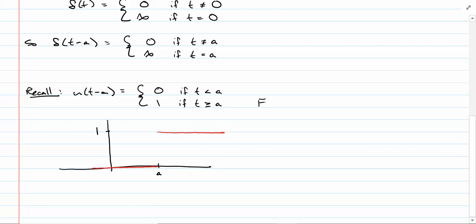So a fact is that delta of t minus a is the "derivative" of u of t minus a. I am putting derivative in quotes because it's not technically the derivative; a function that's not continuous is not differentiable.